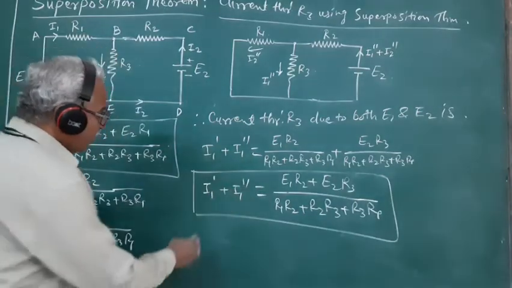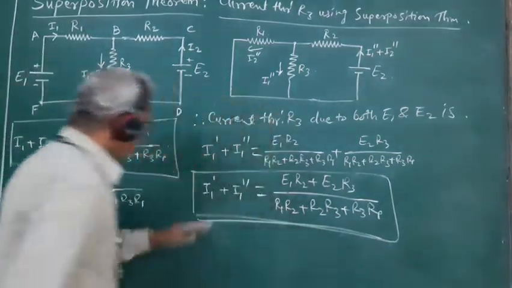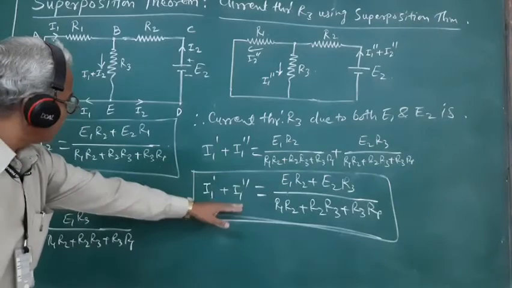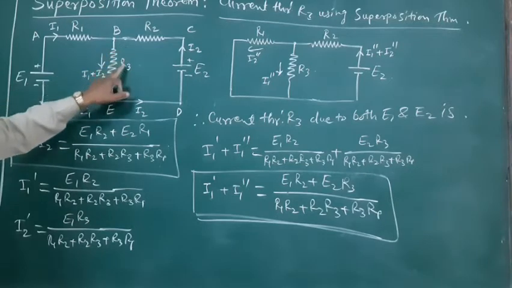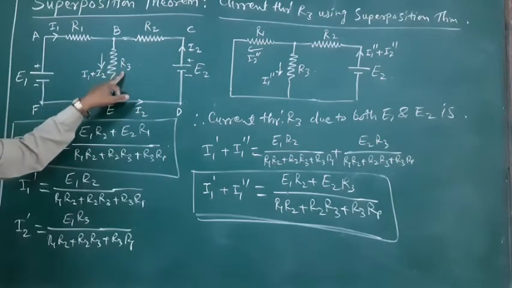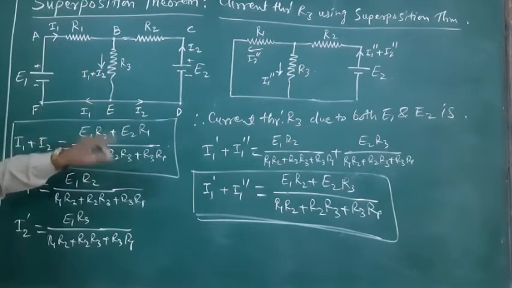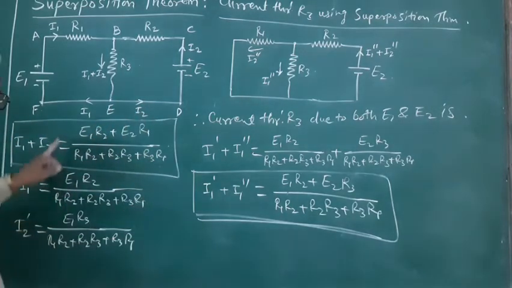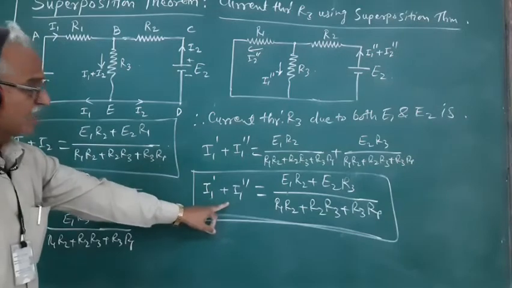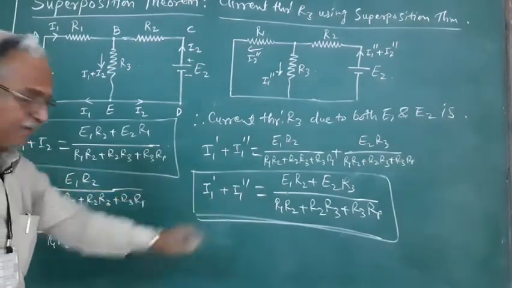So, if we compare this expression for I1 prime plus I1 double prime with the current I1 plus I2 that we have obtained for the current flowing through this resistance R3 by application of Kirchhoff's laws, it is observed that these two expressions are one and the same.